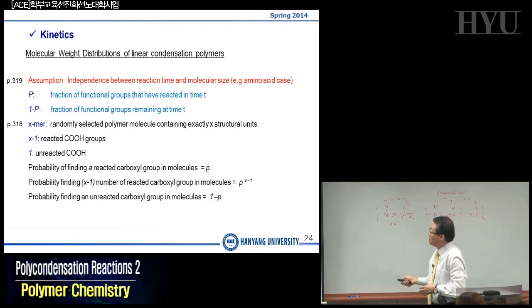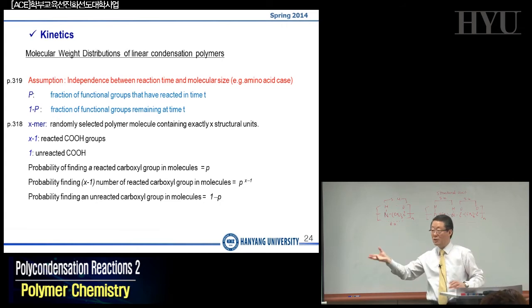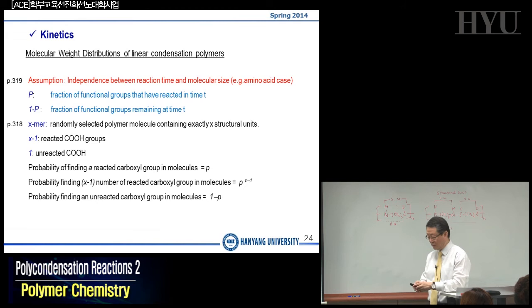Okay, so we have the amino acid case: we have 1 carboxylic acid in 1 monomer, and 1 amino group in 1 monomer. If you know the number of carboxylic acid groups after reaction time t, by knowing the end group analysis, we know how many molecules were reacted.